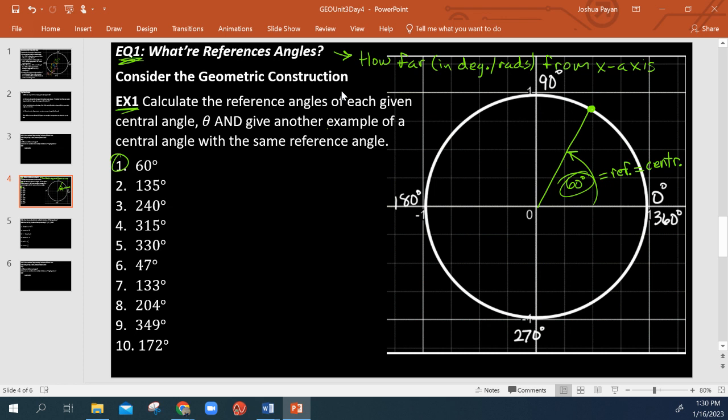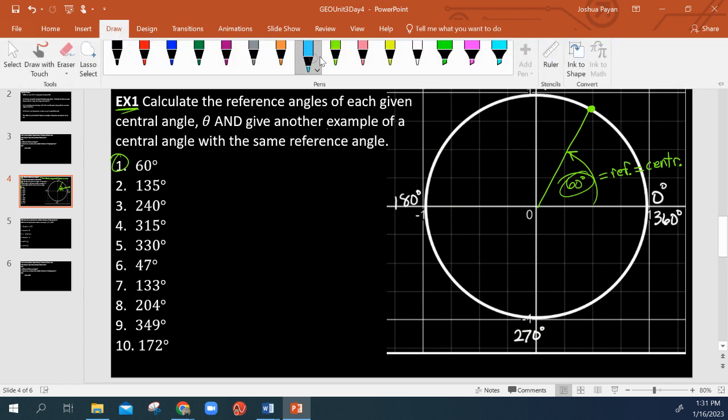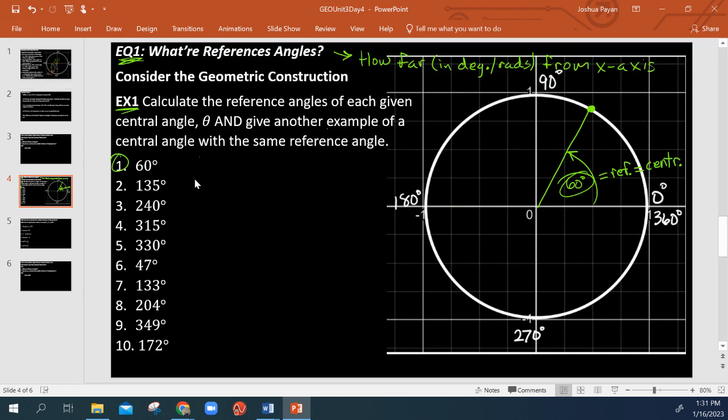Now, to further illustrate what the difference is, let's look at the second part of this series of problems. We're supposed to also come up with angles that have the same reference angle. So, for example, if I just take 180 and I subtract from it 60 degrees, that's going to put me up here.